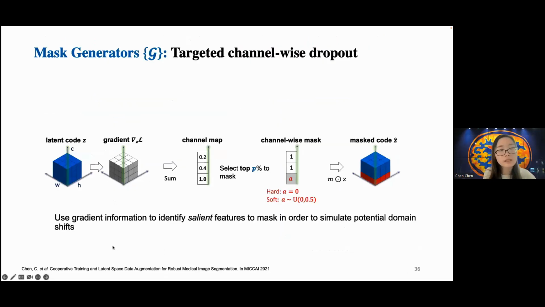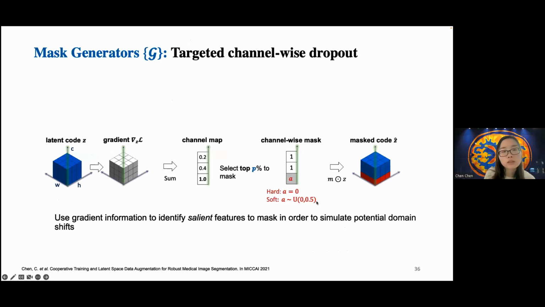So here is an example of how we generate some targeted masking by utilizing the gradient information, where we first calculate the gradient of the loss function with respect to a particular latent code. And then we summarize the information in order to get a channel-wise map where we select the top P% entries to mask.